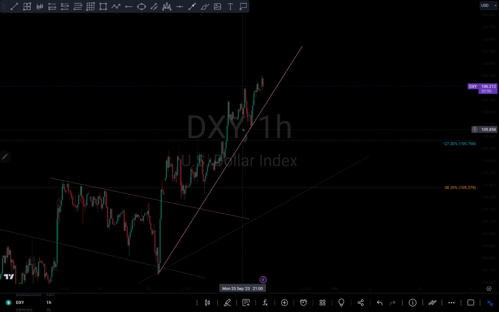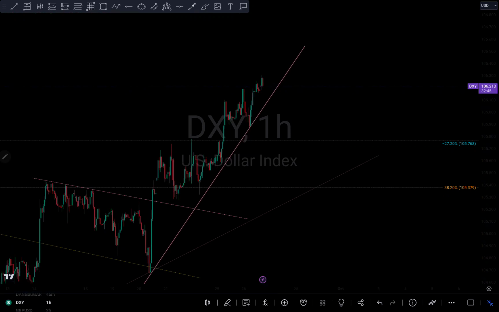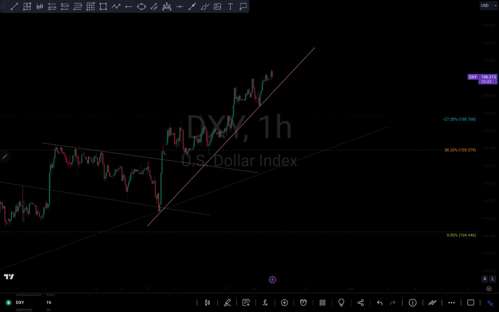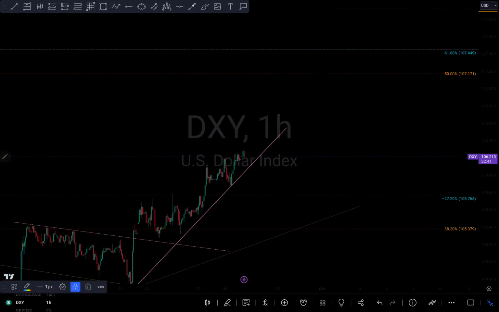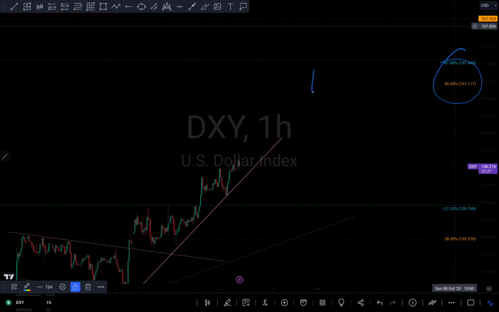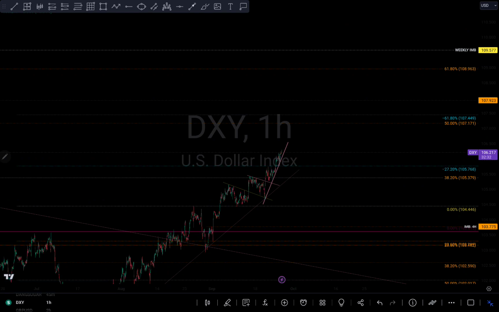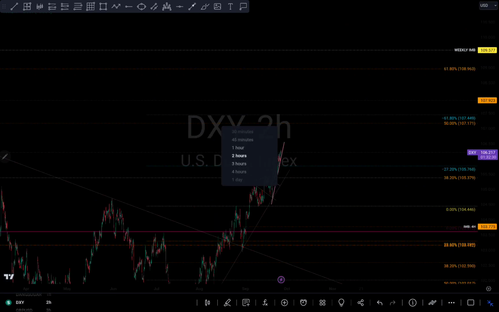So we can see right here an uptrend. So let's see how that will play out, because I think we're going to push to at least 107. Let me zoom in a little bit to see.